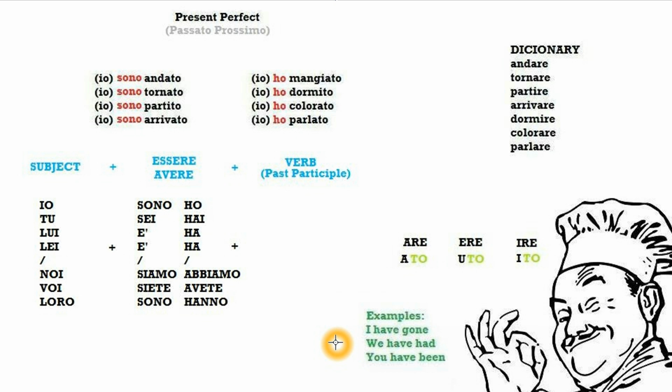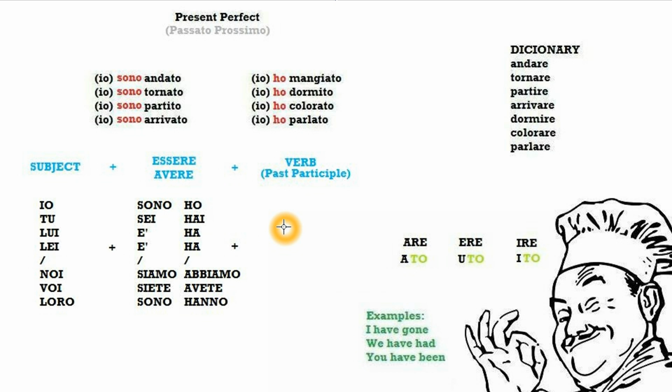Yes, I've just finished it, but I'm still in the process of having to finish. So I'm still having dinner right now in this very moment. And it's when an action that began in the past still has consequences on the present. So this is when you use the present perfect in English.